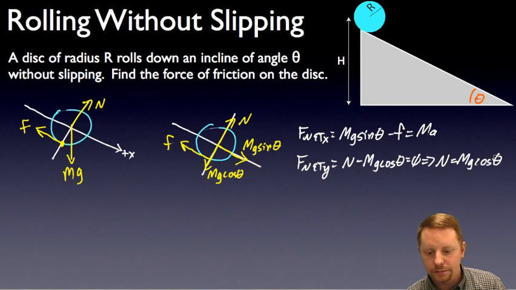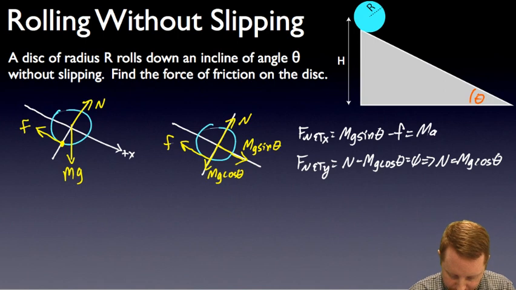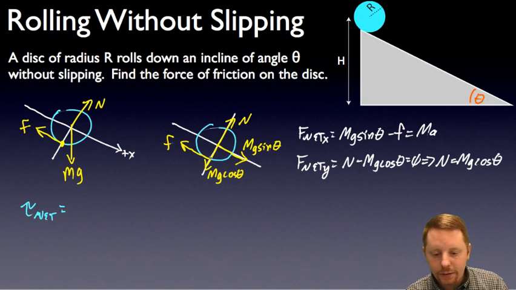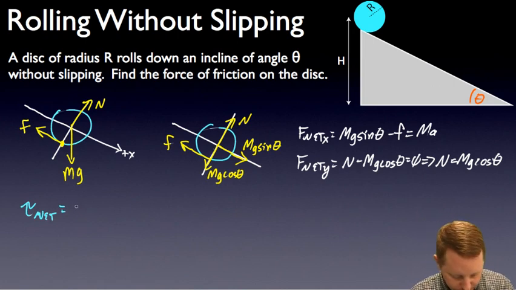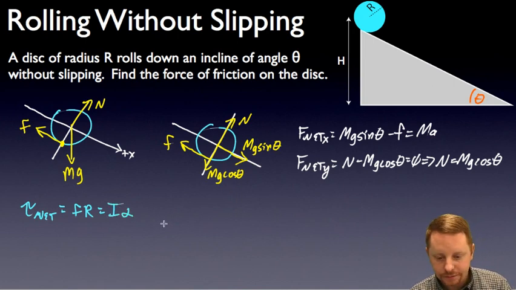Let's also go now and take a look at the net torque. If I take a look at the net torque on the system, the only thing we have here for torque is F operating at a lever arm of R. So we have Fr equal to I alpha. Now again, we've got a disk.